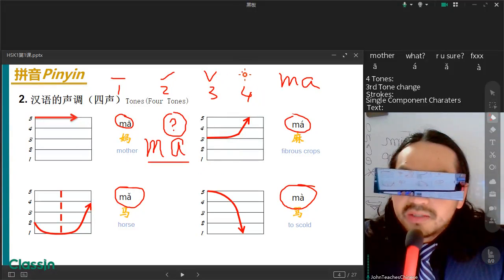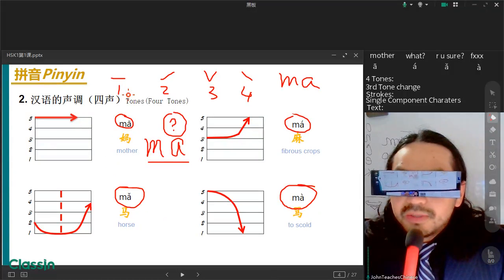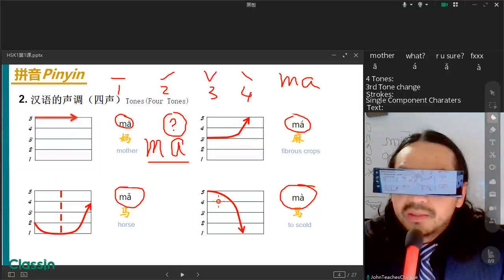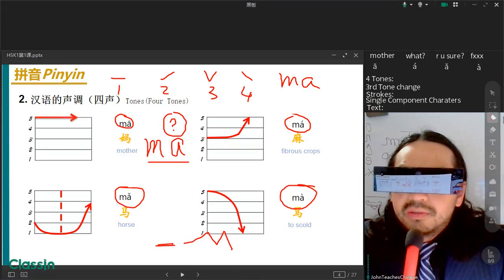The last one, the fourth tone, is the drop. Okay, first, remember this: flat, rise, down and up, drop. Remember this.